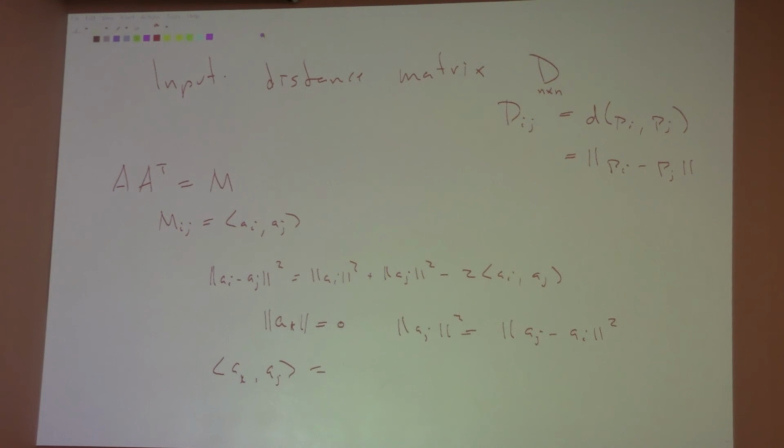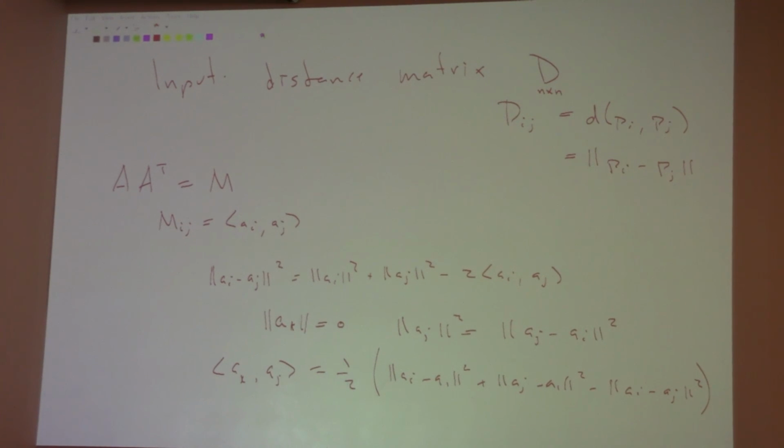So now I can actually solve for ai dot aj. It is going to be equal to 1/2 times the quantity: ai minus a1 squared, plus aj minus a1 squared, minus ai minus aj squared.